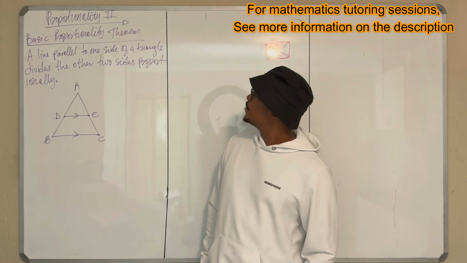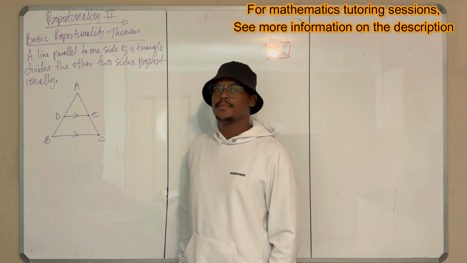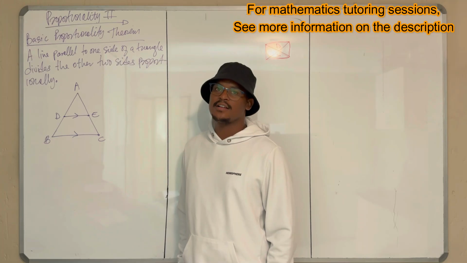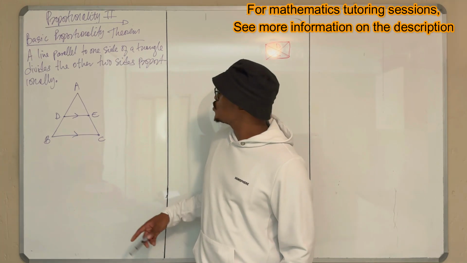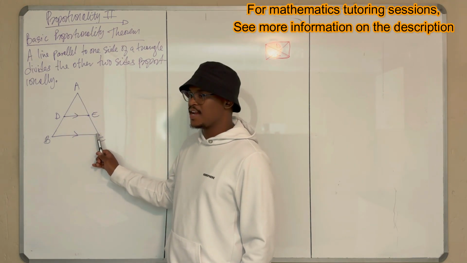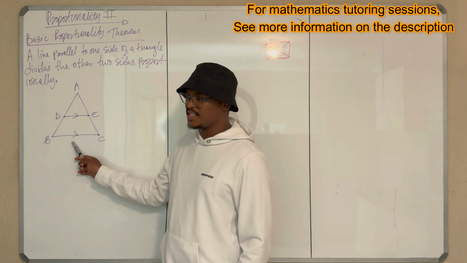So here's the reminder. When we were doing the proportionality theorem, we said that if you have a line parallel to one side of a triangle, that line will divide the two other sides proportionally, right? So you have triangle ABC, and then you have DE. This DE is parallel to BC.